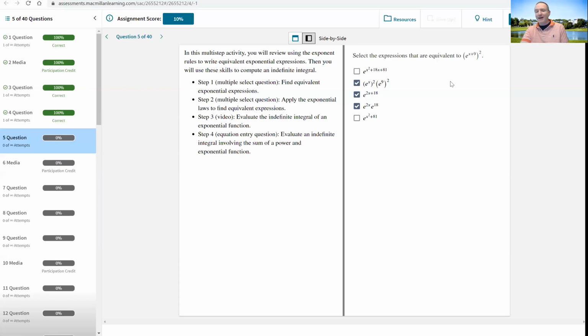Because that would be x plus 9 raised to the second power. That's not what happens here. Power to power, you multiply. You don't take x plus 9 raised to the second power like that. So that's just bad algebra. And similarly, the last choice is horrendous algebra. That's somebody trying to raise x plus 9 to the second power and not doing it correctly, thinking, oh, I can just square the first term and square the second term.